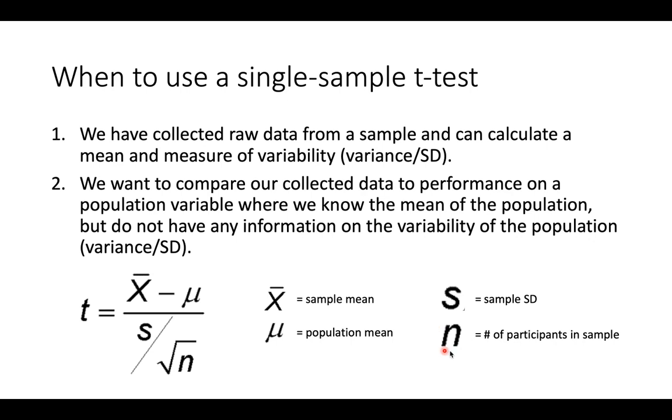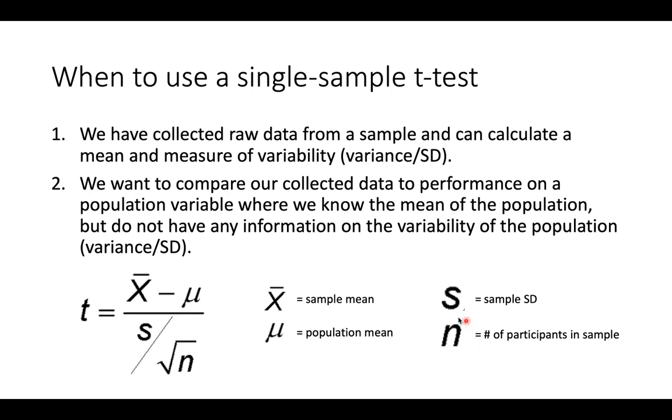Technically, a lowercase n, or what we'll often call little n, is the designation for the number of participants in a sample. Technically, a capitalized N is sort of a slightly different conceptualization of sample size, but for our purposes right now they're just going to be interchangeable.